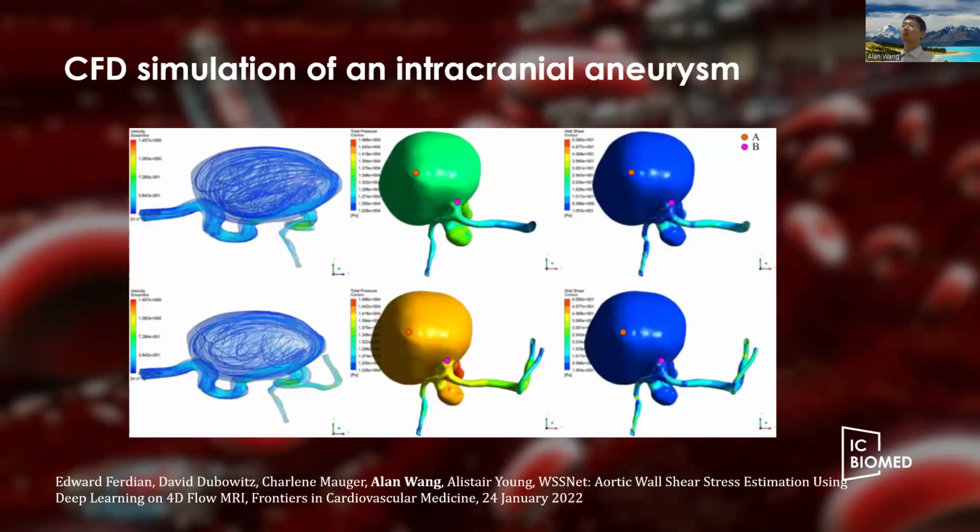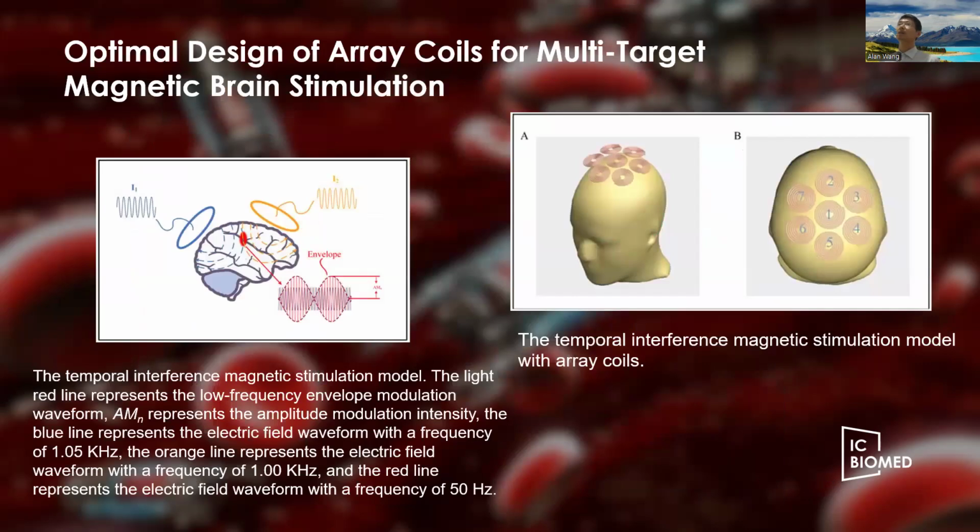There are also other advanced analyses, for example, the simulation to analyze the vascular images, for example, the intracranial aneurysm using computational fluid dynamics. Also, based on the brain template or atlas or the personalized neuroimaging data, we can design the protocol for stimulation, for example, using TMS, transcranial magnetic stimulation, to perform the brain stimulation.